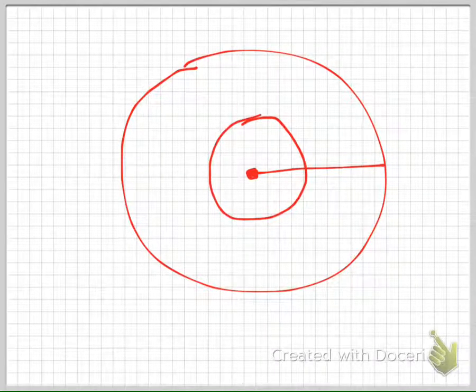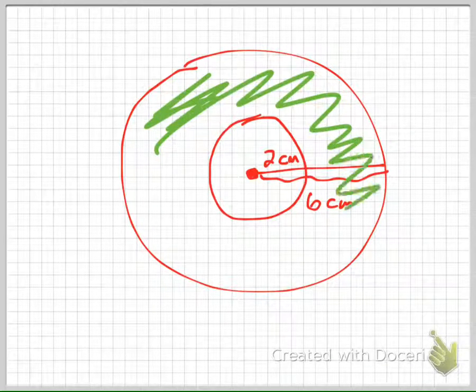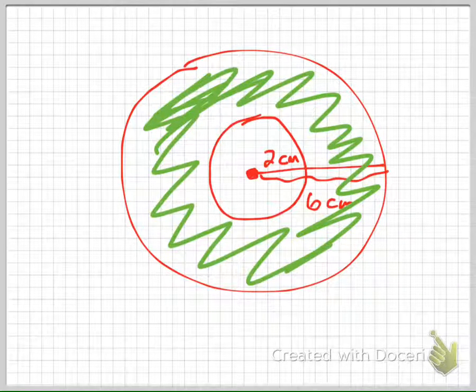Right here, this is 2 centimeters, and this whole thing is 6 centimeters. Do you understand? There's a donut here, and they want to know the area of the actual donut. What is the area of the part that's out here? What are you going to do? How do you figure this out?